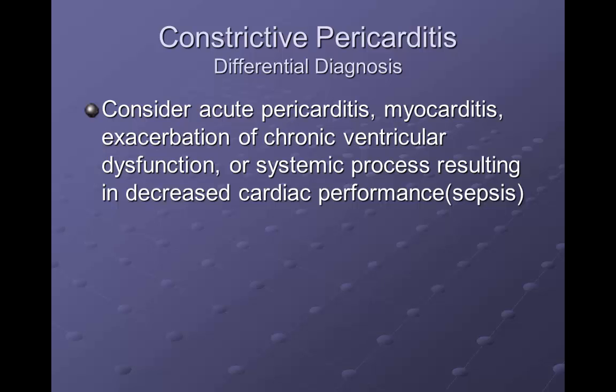CT and MRI can identify pericardial thickening, such as fibrotic tissue that is present, and also help to differentiate restrictive cardiomyopathy from constrictive pericarditis. Cardiac MRI enhancement with gadolinium also helps identify the constriction and the fibrosis.